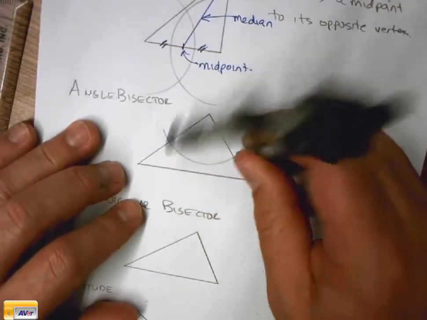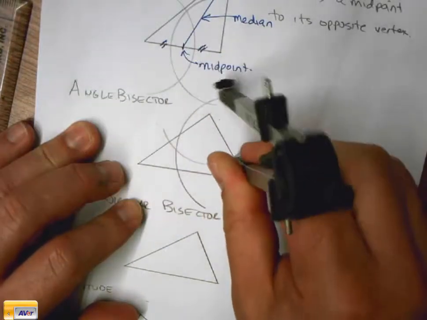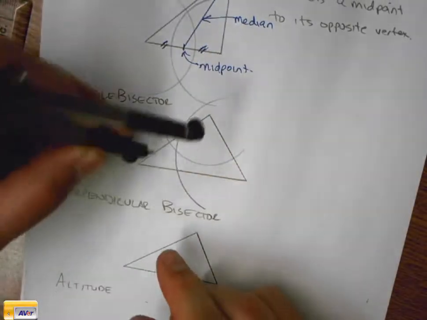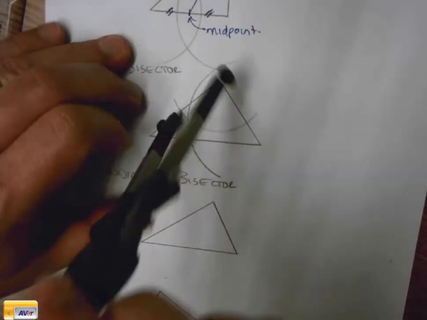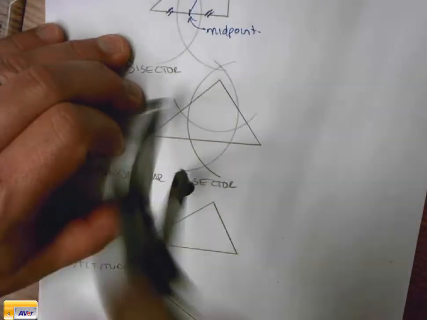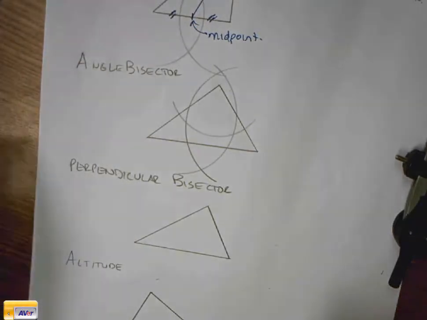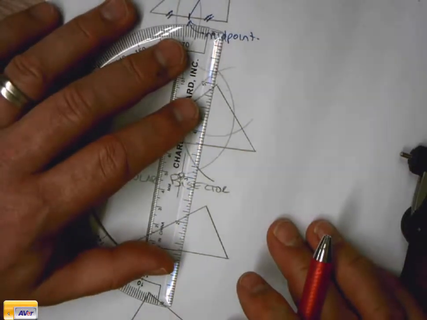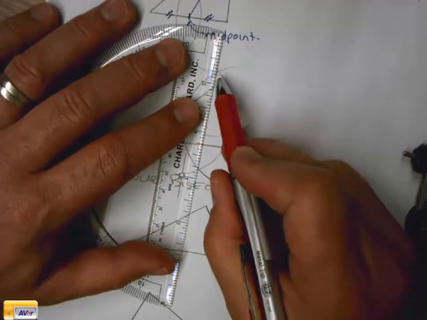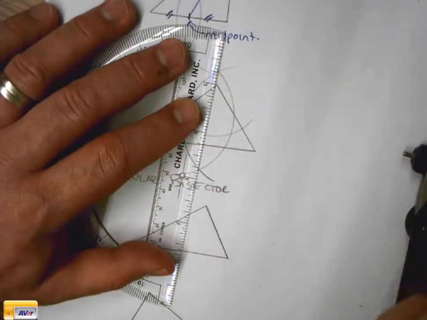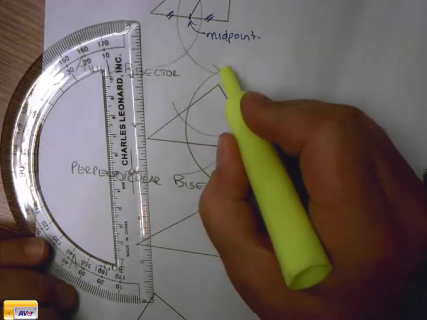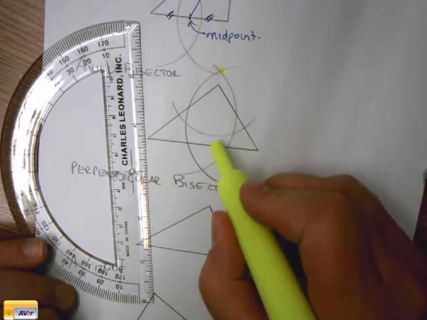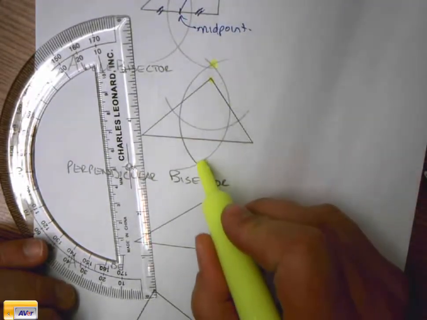I'm going to choose mine to be larger, produce my arc, use that same length from this opposite side's point of intersection. And if I've done this correctly, what I should be able to produce here is something that connects this end of the football with this end of the football and goes through my vertex. That's the reason I chose my length here to be different, because this gives me 3 points in a row.